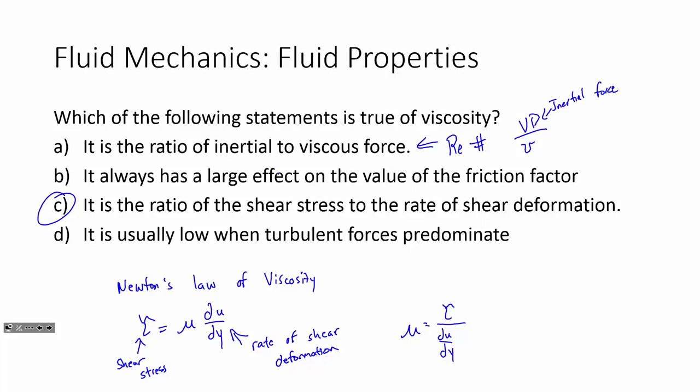So you could easily get a question of which of the following statements is true of Reynolds number, and the answer there would be A. And this is going to be kinematic viscosity. Okay, any questions on that one?